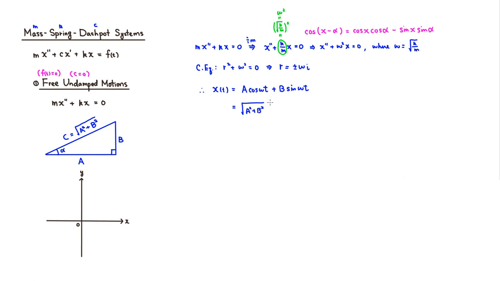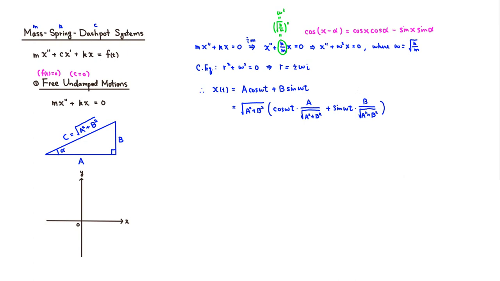I'm going to leave cosine of omega t as it is, times a over the square root of a squared plus b squared, plus sine of omega t times b over the square root of a squared plus b squared.